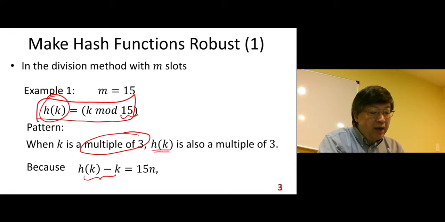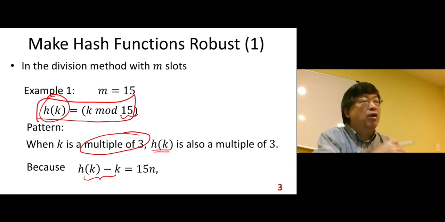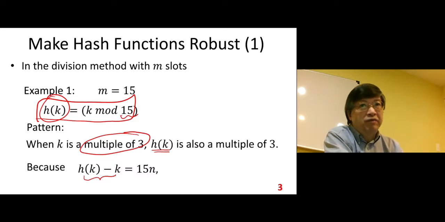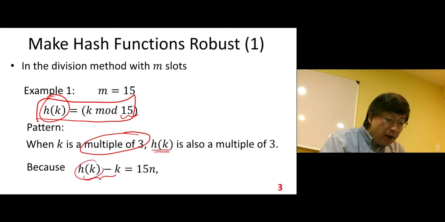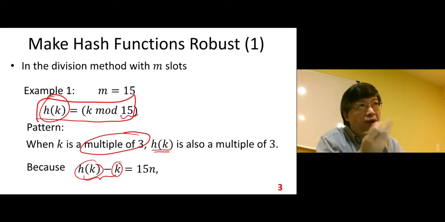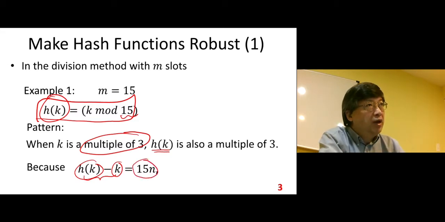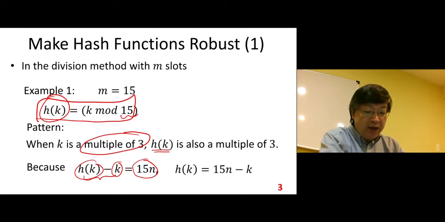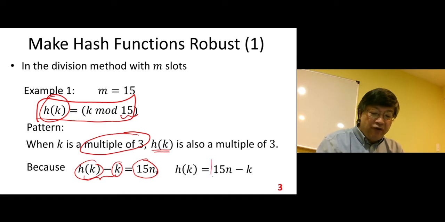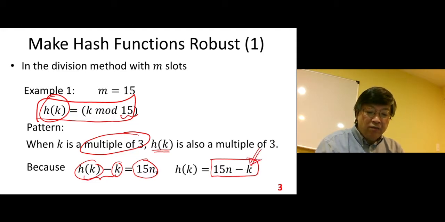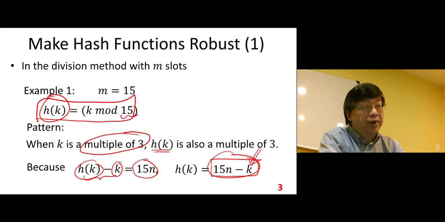K divided by 15, the remainder is your hash function value. So the difference between the remainder and the original number should be 15 times some integer n. Then you write your hash function as 15n minus k. Remember, based on our assumption, k is a multiple of 3. 15n minus a multiple of 3, the whole number is a multiple of 3.